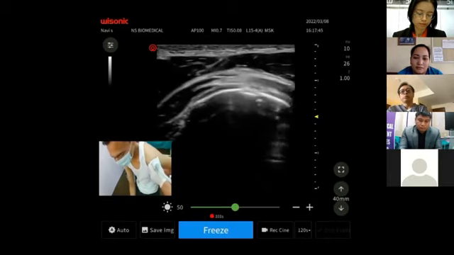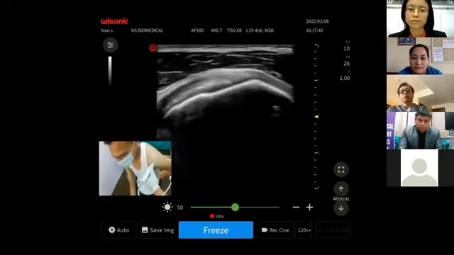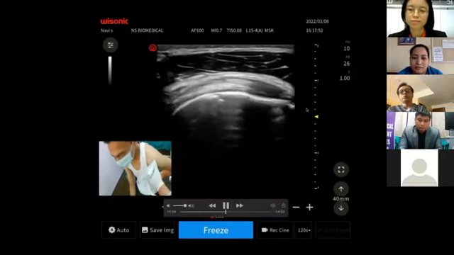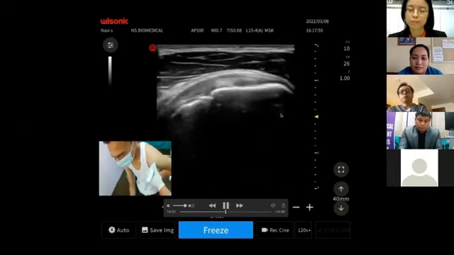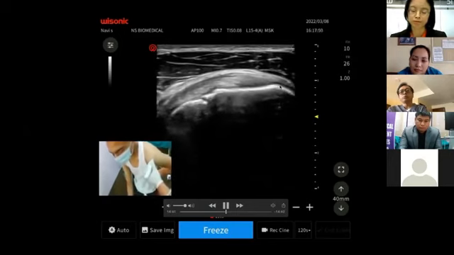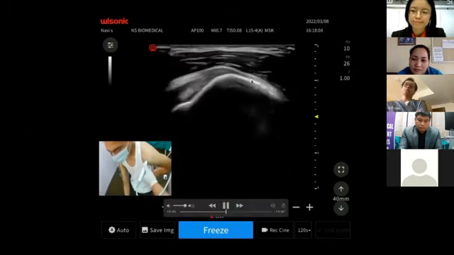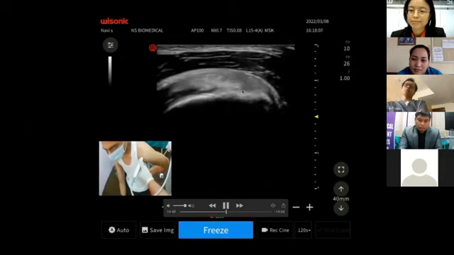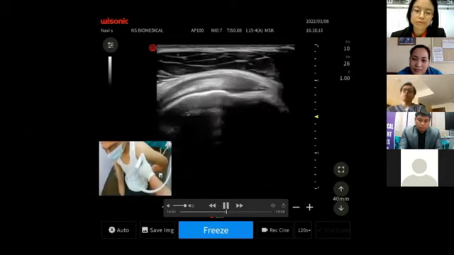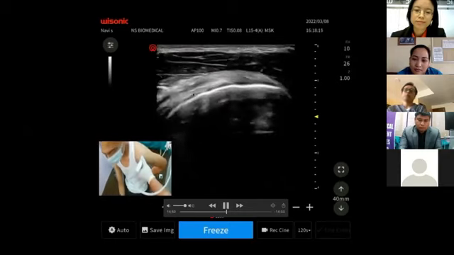So again, in short axis, it's easier to differentiate whether we are looking at the supraspinatus muscle fibers or the infraspinatus muscle fibers. How do we do that? We look at the greater tuberosity again. The greater tuberosity has facets. Anteriorly, the facets are more flattened. This is where the supraspinatus tendon attaches. Posteriorly, it has a more oblique orientation, and that is where the infraspinatus tendon attaches.